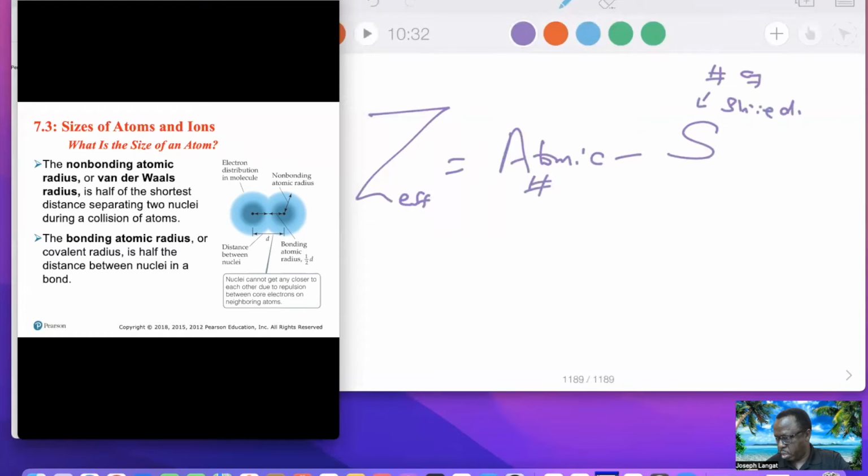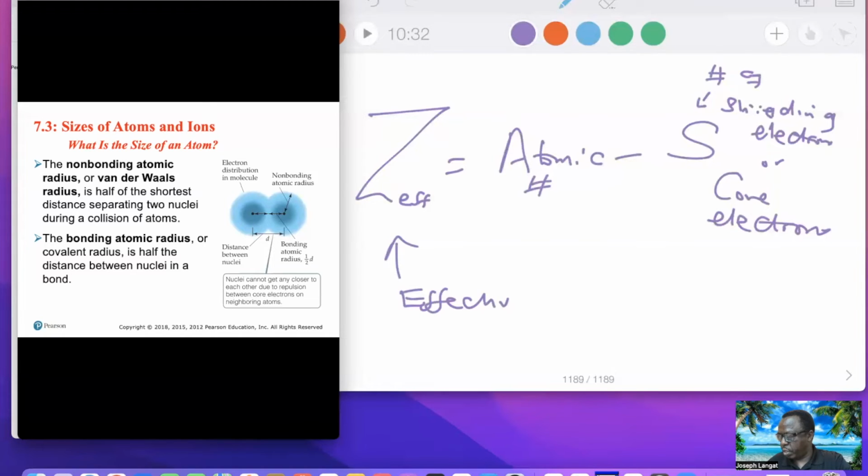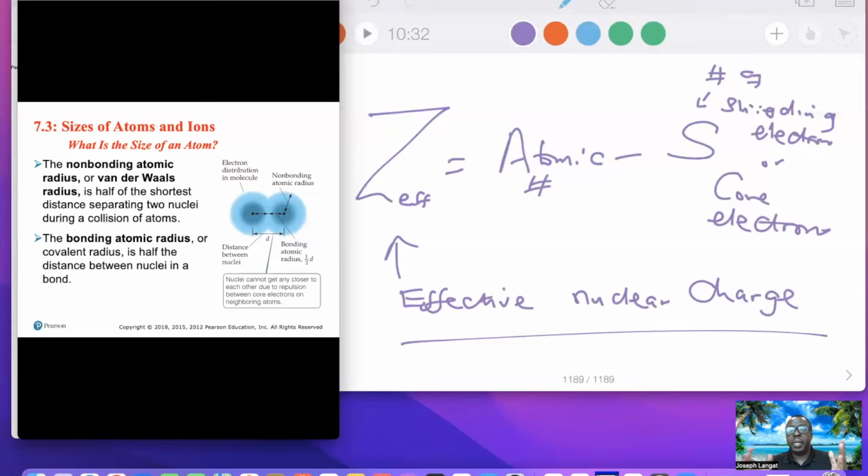Shielding electrons, number of shielding electrons, or core electrons. That's what you need to find. And this is the effective nuclear charge experienced by a valence electron in an atom.